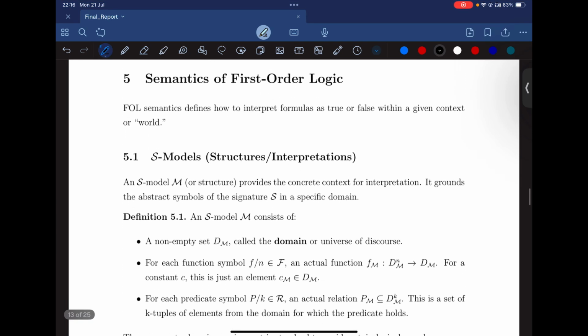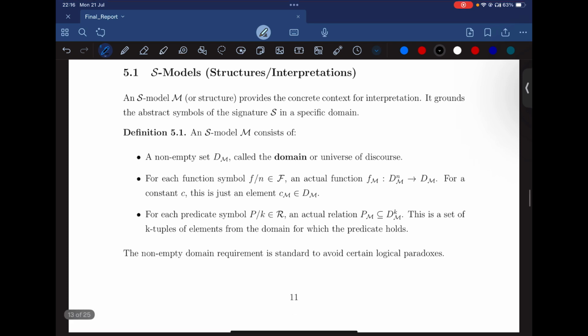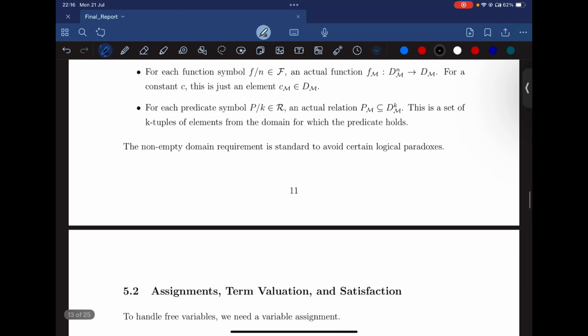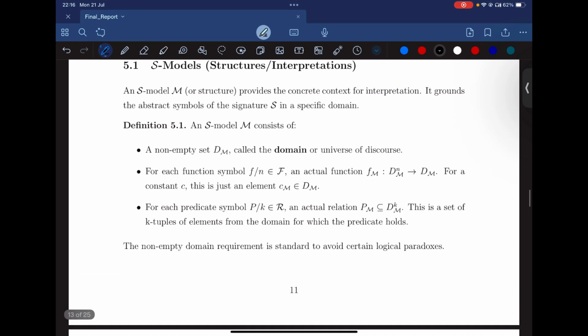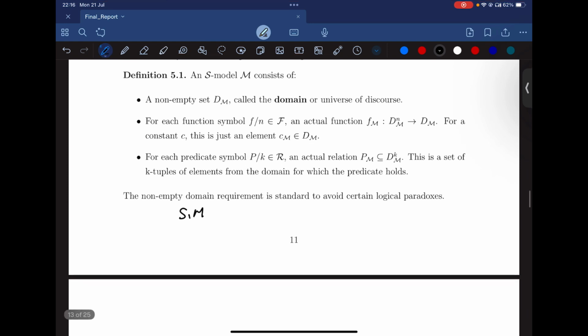So now semantics. There's the S-model. A non-empty set D_M is called the domain or universe of discourse. This contains all the objects that the non-logical symbols refer to. An S-model M essentially means that we have certain functions.